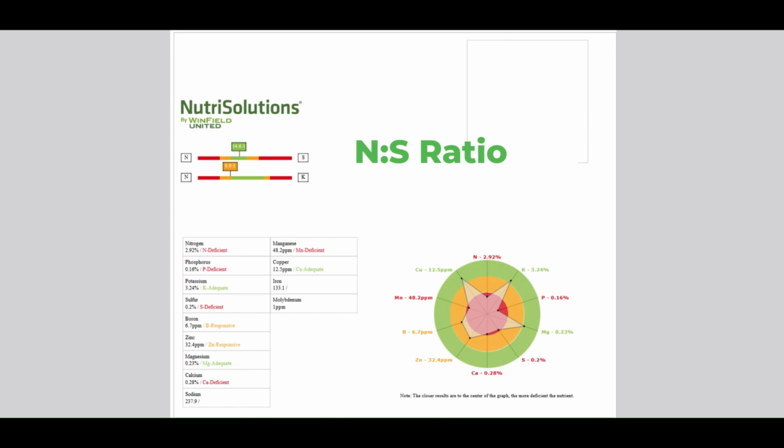A nitrogen to sulfur ratio between about 10:1 and 15:1 is considered a healthy balance. In this specific report, the nitrogen to sulfur ratio is 14.6:1, which is within the adequate range. The nitrogen to potassium ratio tells you something a little different. Nitrogen and potassium both play major roles in plant growth, water movement, and stalk strength.